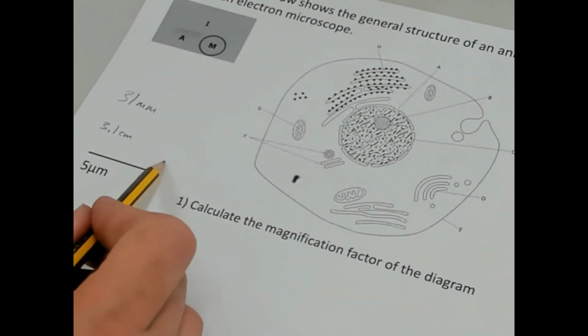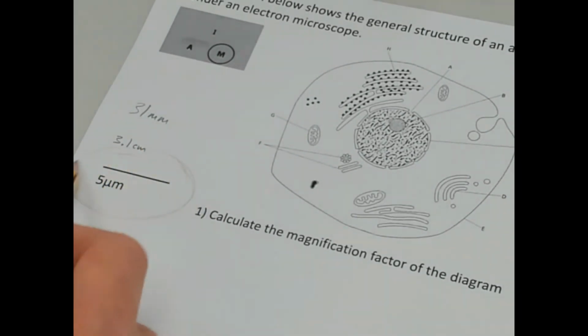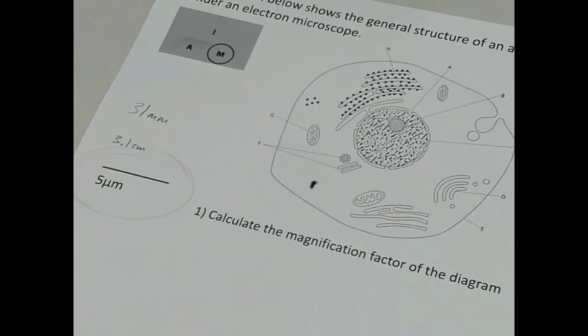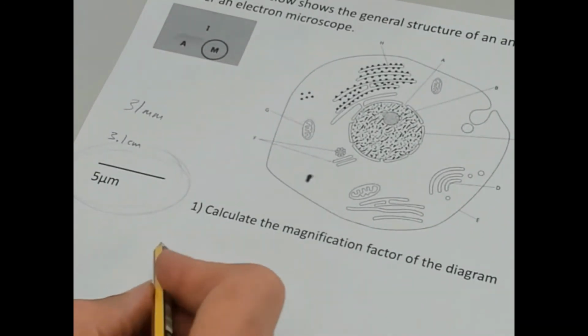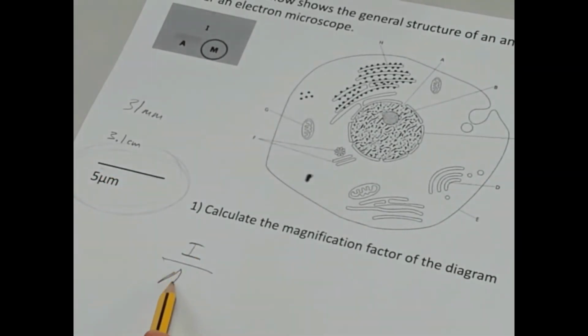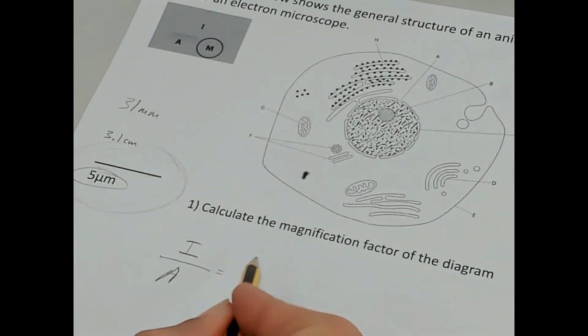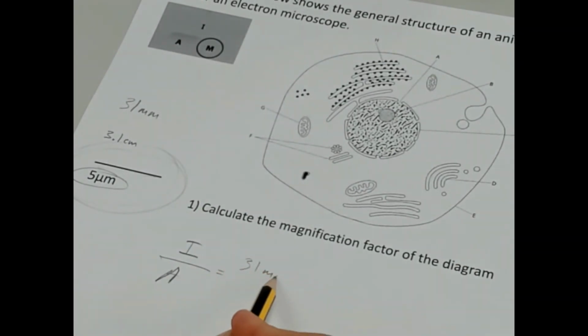So then you use your scale bar. This is effectively your tool that you're going to use to find the magnification. So magnification is going to be my image size, which is the length of this line divided by the actual, which is this number over here. So this is going to be 31 millimeters divided by 5 micrometers.